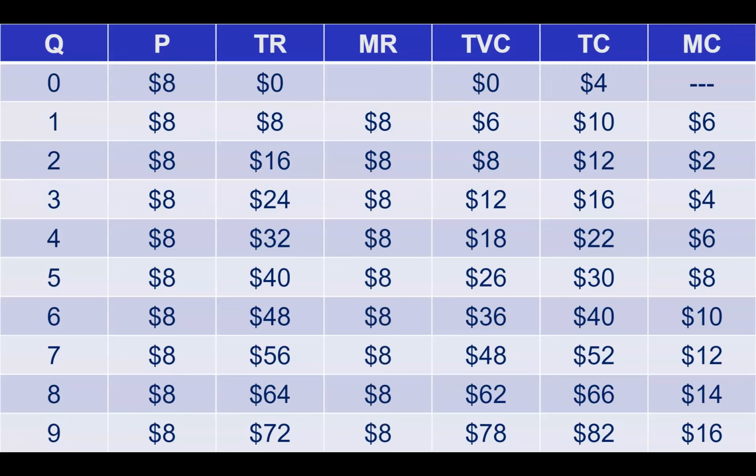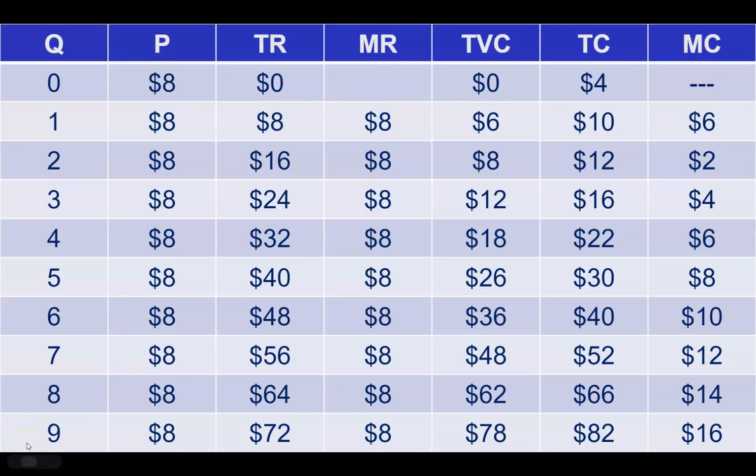So that gives us some invaluable information about the relationship between price and marginal revenue, which is that in perfect competition, price and marginal revenue are the same, because the price will always be the same for as many goods as you sell, because there are many, many firms in the industry, making each firm a price taker.